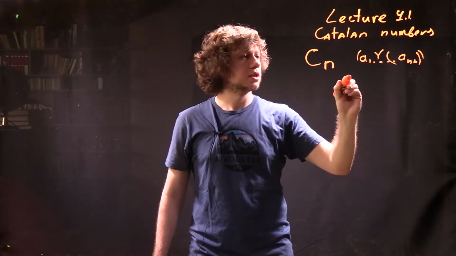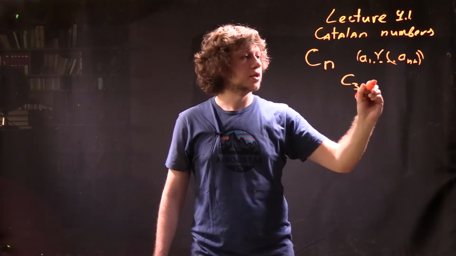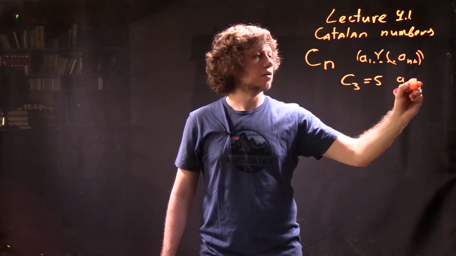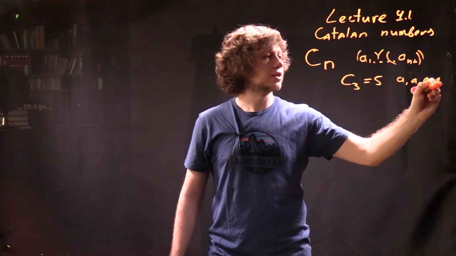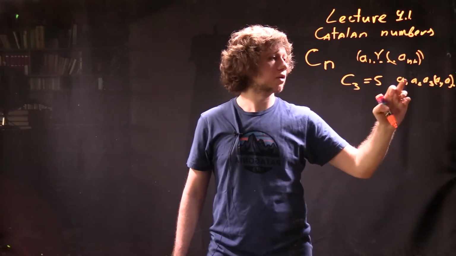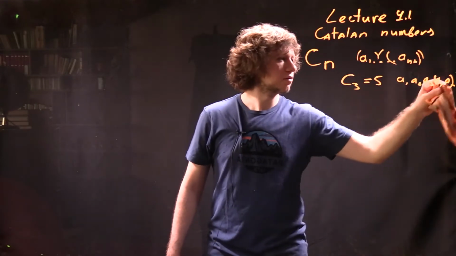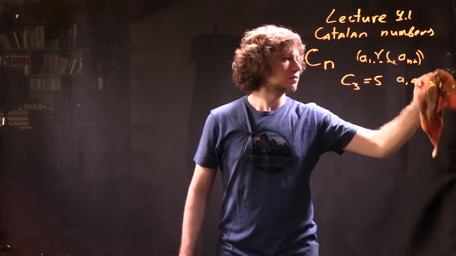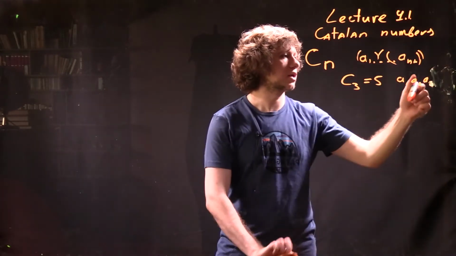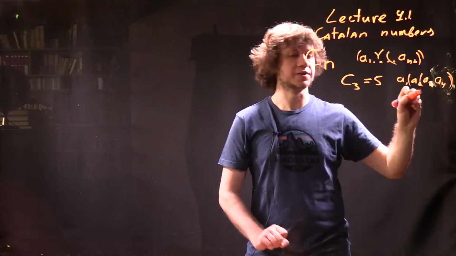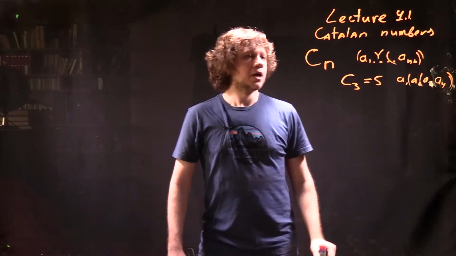For instance, C3 is equal to 5, and this is because if you have 4 letters, there are 5 ways to put brackets between them, like this. So you have seen that already.